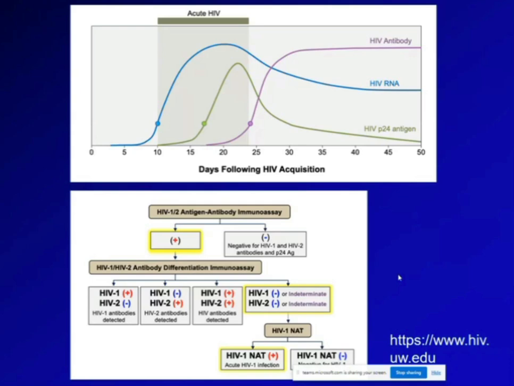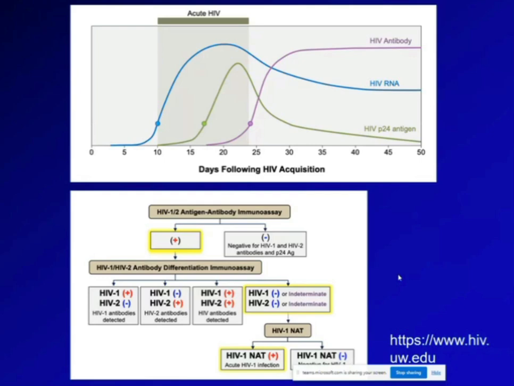The other thing you may get called on, depending on where you work, is to weigh in on how your facility implements this testing algorithm, and recognize there are 3 FDA-approved PCR tests for diagnosing HIV. You need to know which one your facility uses because it may or may not have an FDA indication for making a diagnosis.